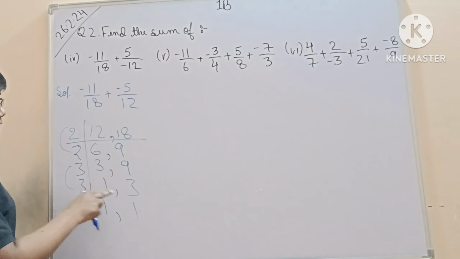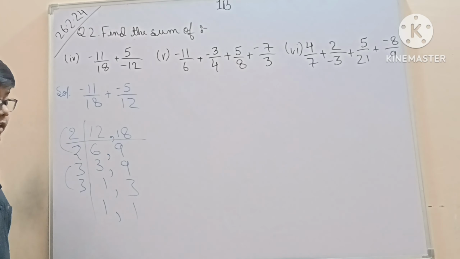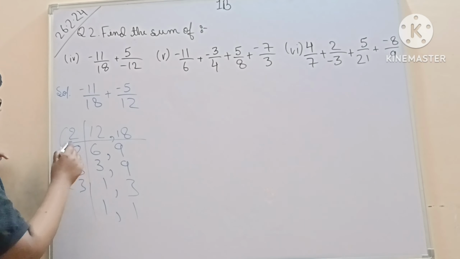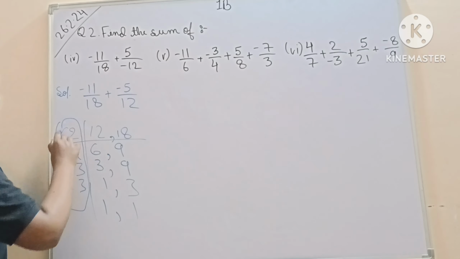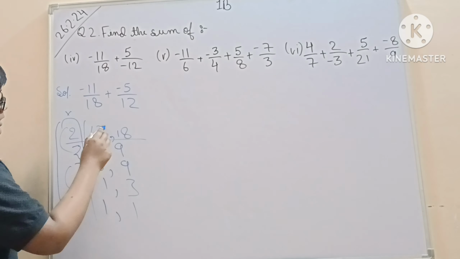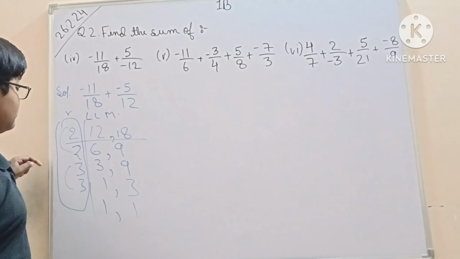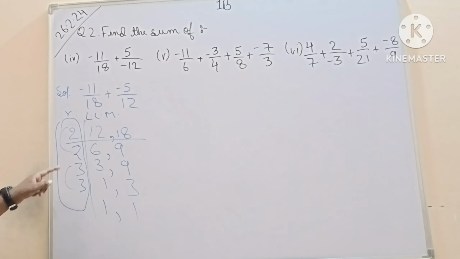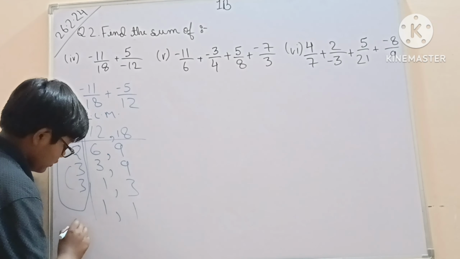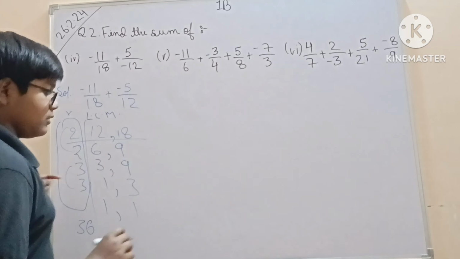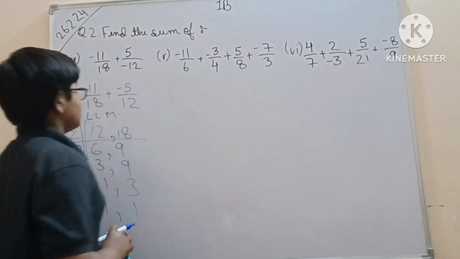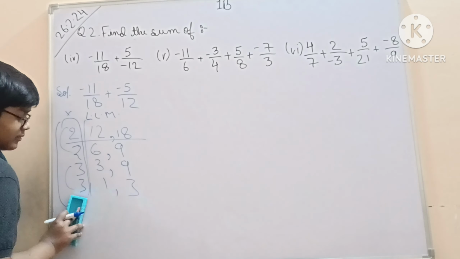Now 3 will again be written because here is 3 remaining. We have to simplify that. It will become 1 and 1. So the multiplication of the digits which we have got here will be the LCM of 12 and 18. So 2 into 2 is 4, 4 into 3 is 12, and 12 into 3 is 36. So now 36 is the LCM.